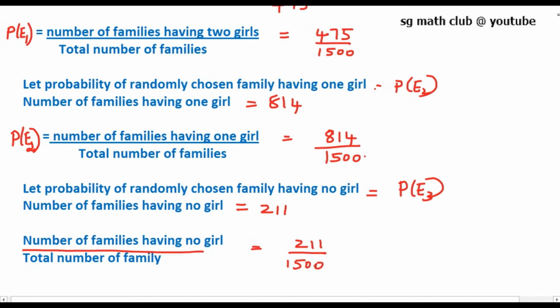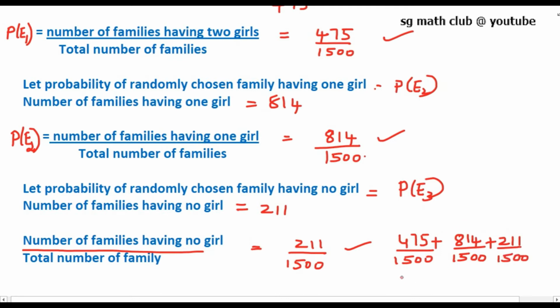Now we need to check whether these 3 probabilities add up to 1. So we add 475 divided by 1500, plus 814 divided by 1500, plus 211 divided by 1500. Since the denominator is the same, we can add the numerators, giving 1500 divided by 1500, which is equal to 1. So the sum of all these probabilities is 1.